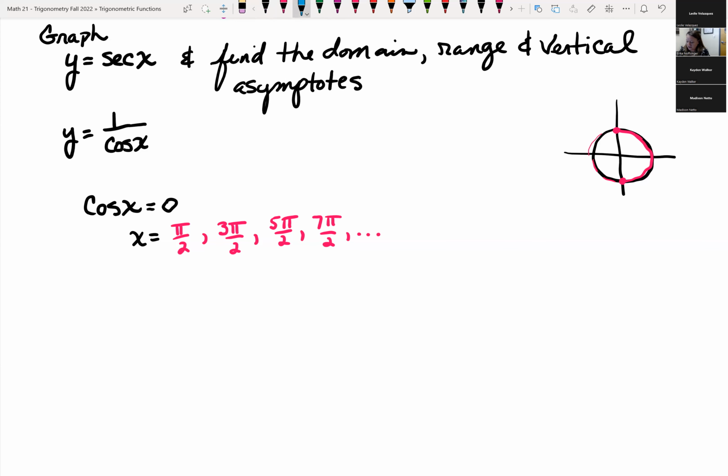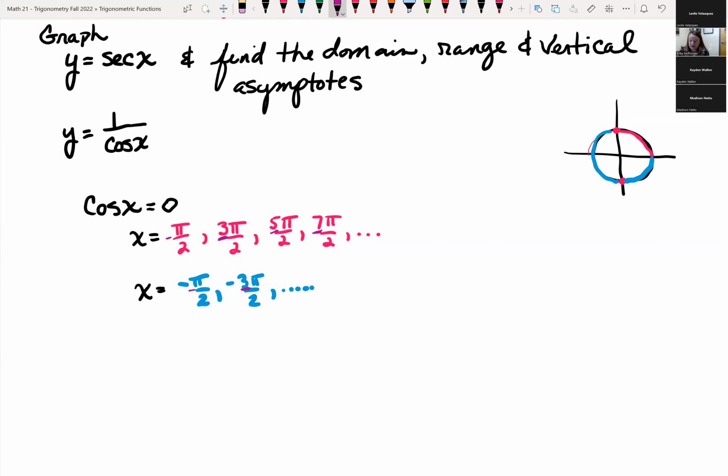And so those are also values where x is equal to negative pi halves, negative 3 pi halves, etc. And so notice that this is pi halves plus pi, or notice it is an odd integer always in front of that pi.